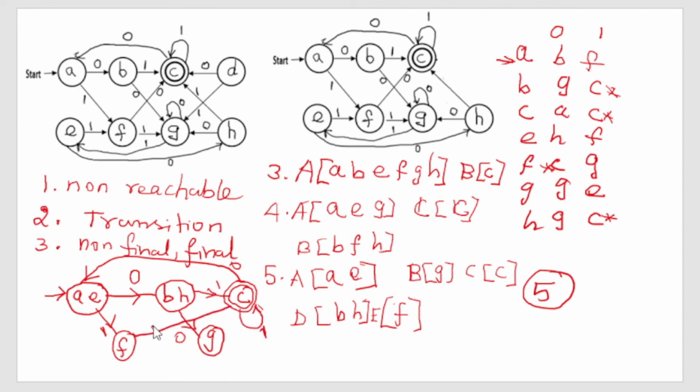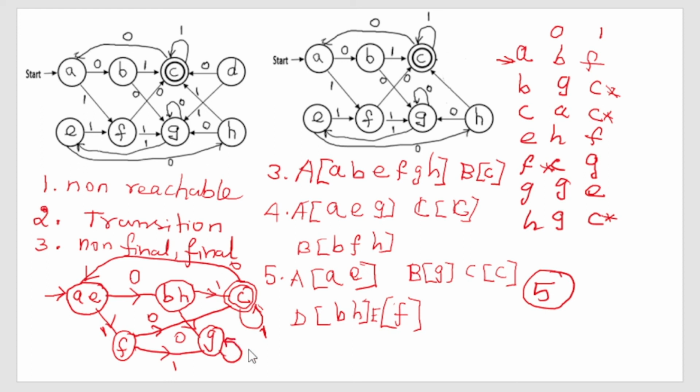And then F. For F, the transition 0 leads to C, and the transition 1 goes to G. And take G. The transition 0 goes into the same state.